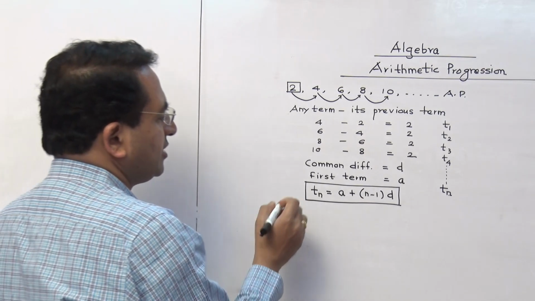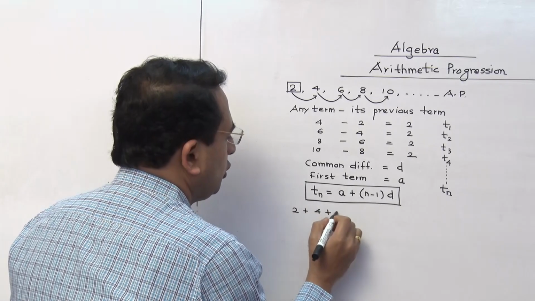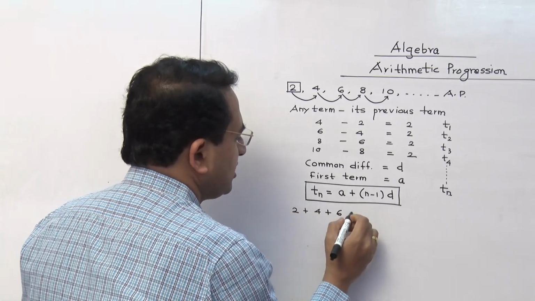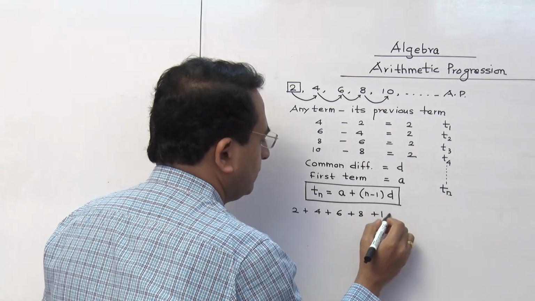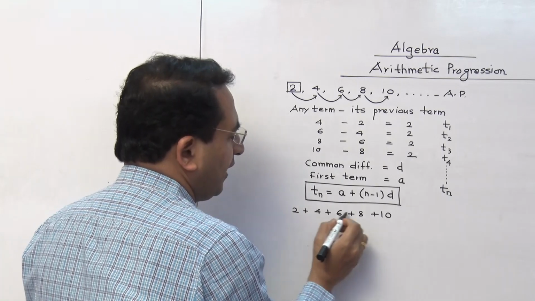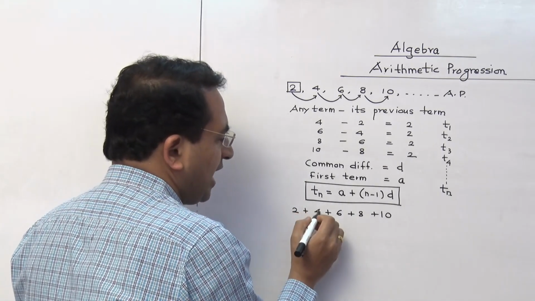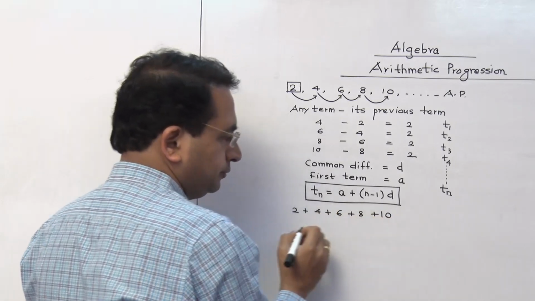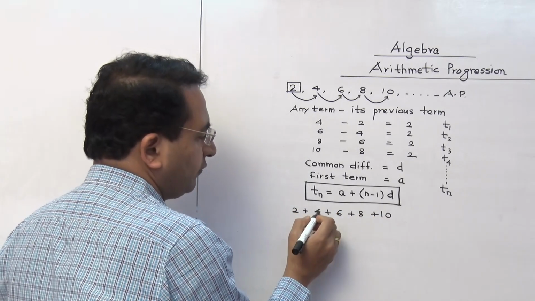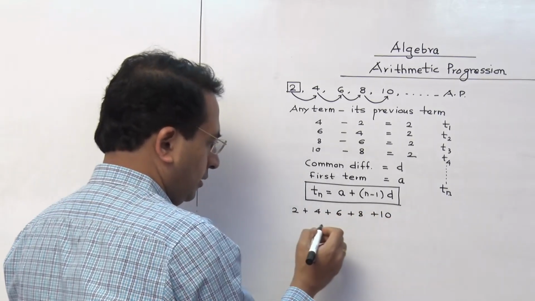Now if you add this, for example, 2 plus 4 plus 6 plus 8 plus 10, what is the meaning of that? You have added 5 terms. So this is an arithmetic progression. 2 plus 2 is 4 plus 2 is 6 plus 2 is 8 plus 2 is 10.